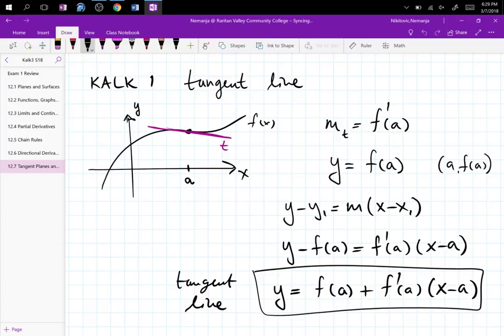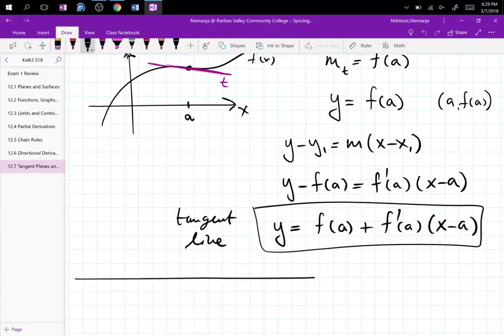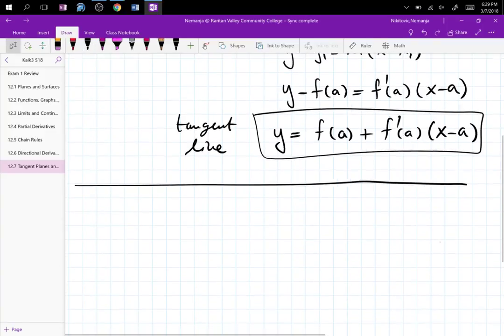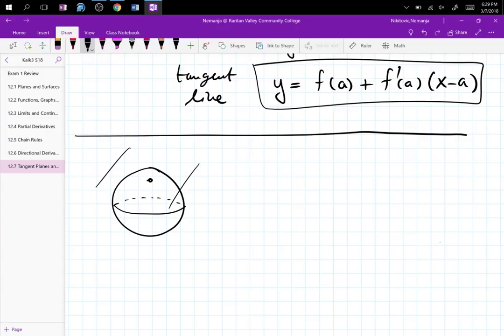So now we are jumping from the two-dimensional Calculus 1 into Calculus 3, where if we have some kind of a three-dimensional shape, and you have a point somewhere on the surface, you will draw a tangent plane that will contain that point.